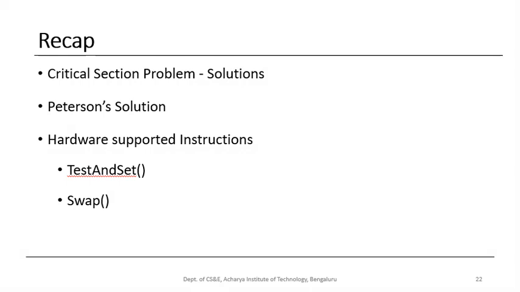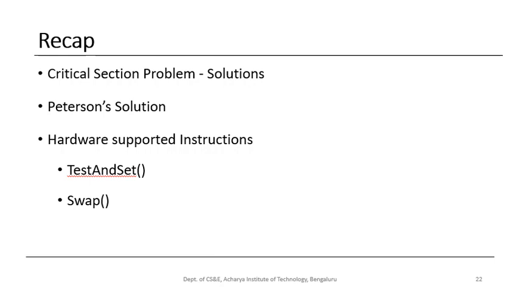That is, it achieves mutual exclusion, progress, and bounded waiting. Unfortunately, this solution cannot be used when there are multiple cooperating processes in the system. This is only proposed for two processes, assuming that there are only two processes in the system.